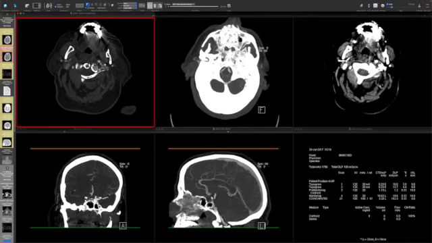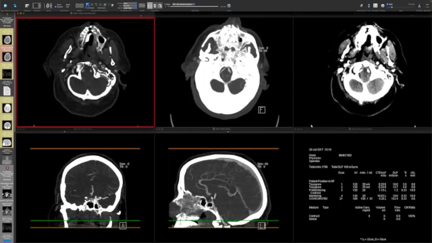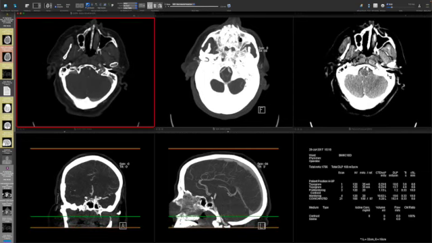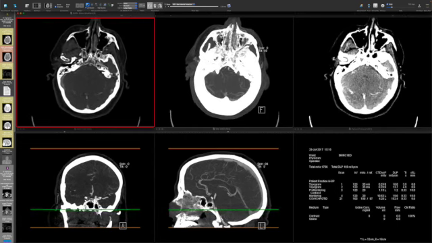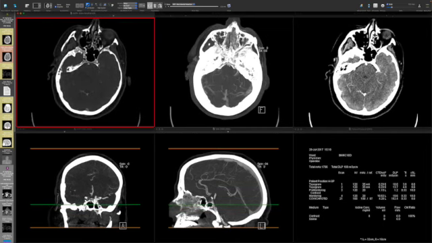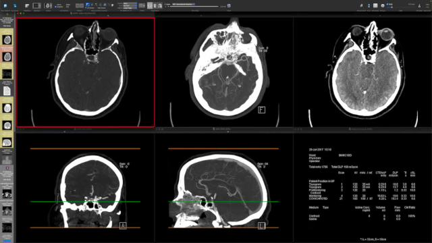And my approach to these is the first thing I do is I start with the carotids. And here's my pointer on the distal cervical segment of the left internal carotid artery. As we scroll up here, we can see that that left internal carotid artery enters the skull base along the horizontal petrous segment, and then it's going to work its way up to the cavernous segment, which is the next horizontal portion here.